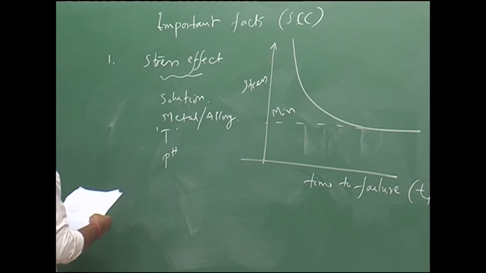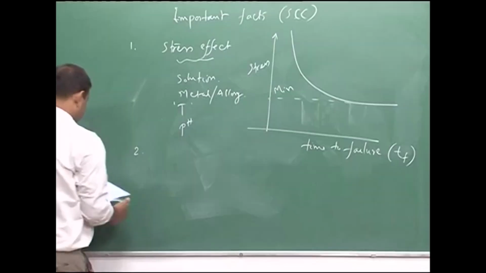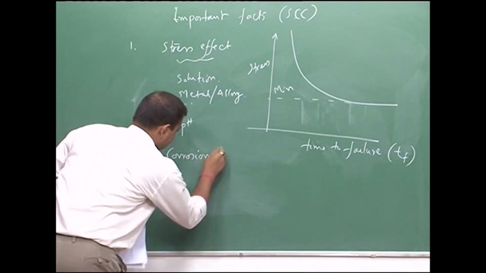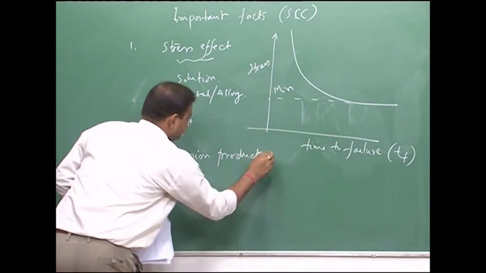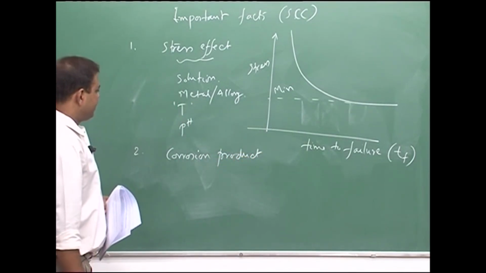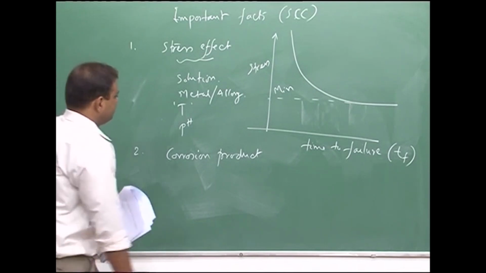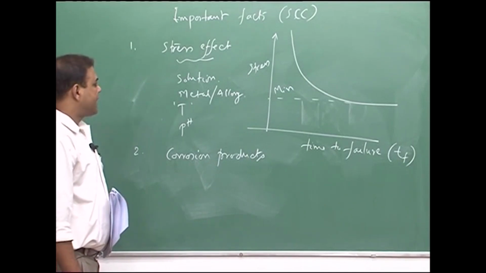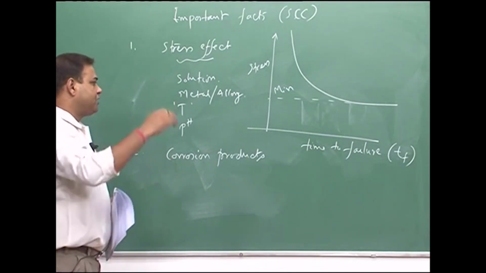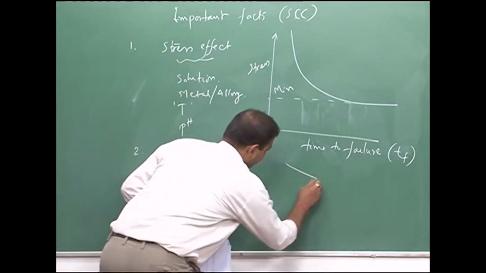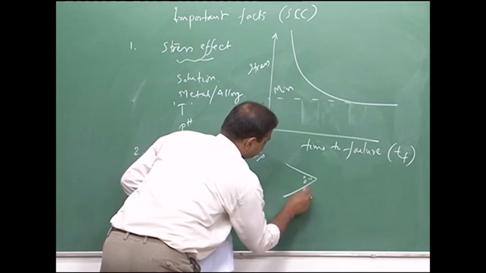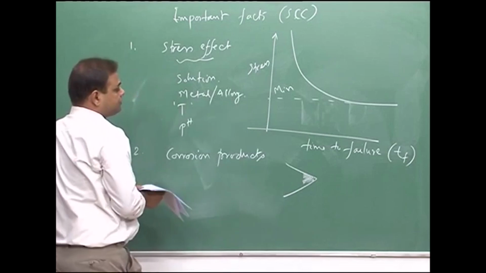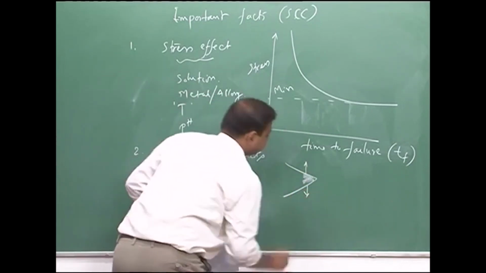Now, you have second, the corrosion product. Corrosion products form due to the reaction with the environment, and that corrosion product sometimes leads to a very high pressure. For example, you have a crack and here you have the corrosion products, and that corrosion product sometimes pushes this crack like this.